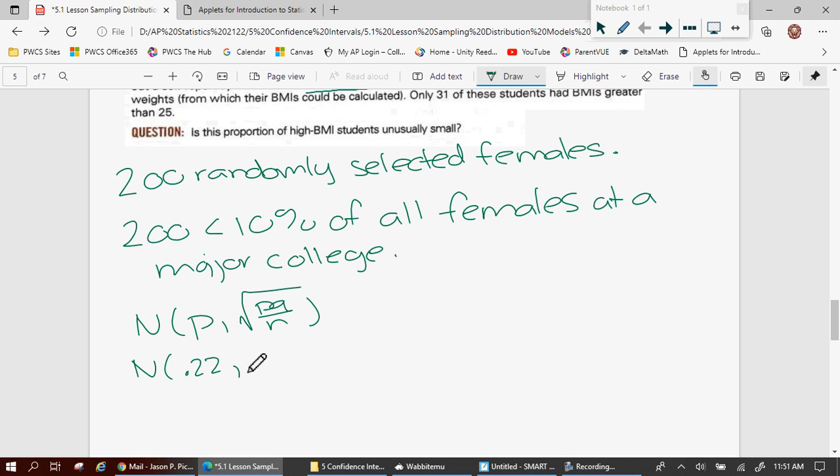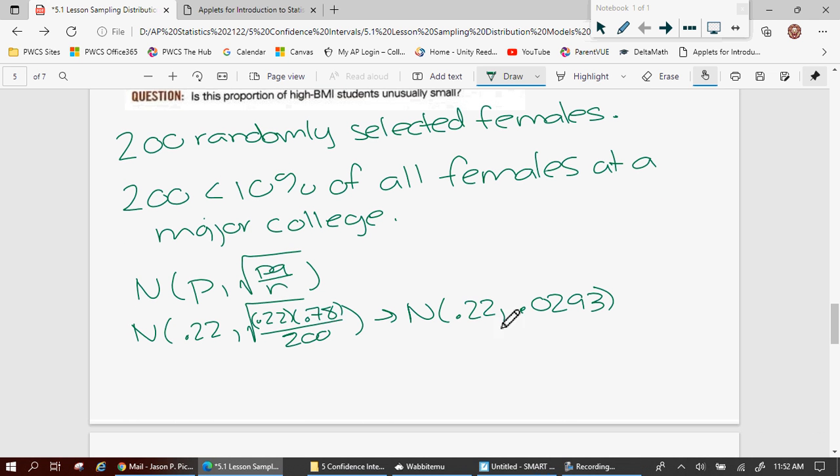We can calculate the standard deviation by doing 0.22 times 0.78 over, we have 200 students. So we're going to use this 0.22 to see if out of 200 students we can expect at least 10 successes.